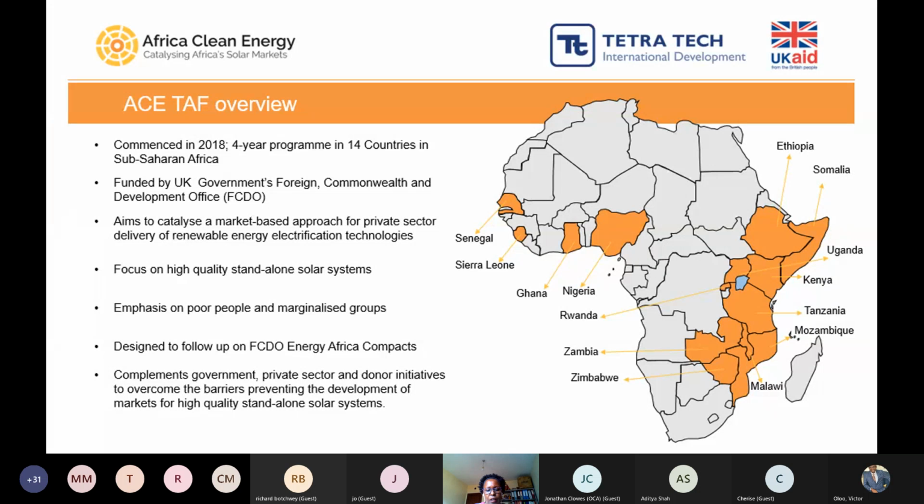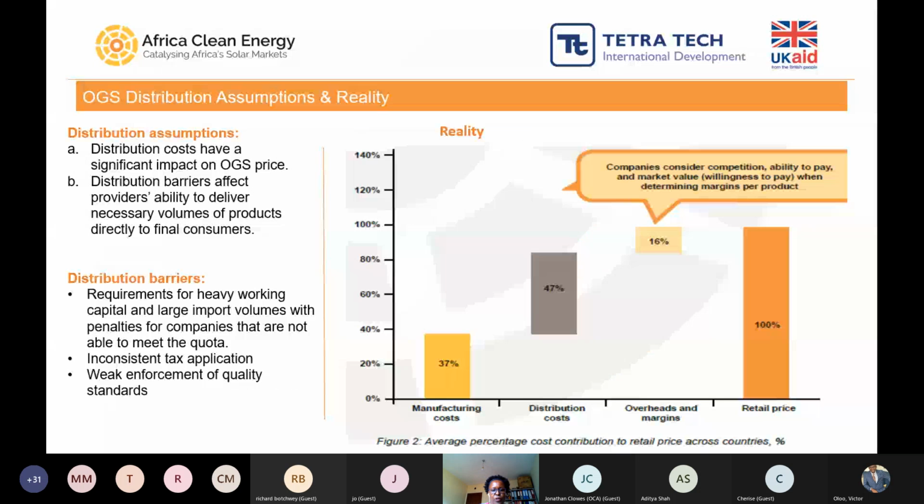So going forward to slide 6, Victor, if you can go forward to slide 6. Yep, thank you. So we looked at distribution and how that impacts, coming from the basis that these products have to come a long way from whichever port of entry they're coming from into different countries.